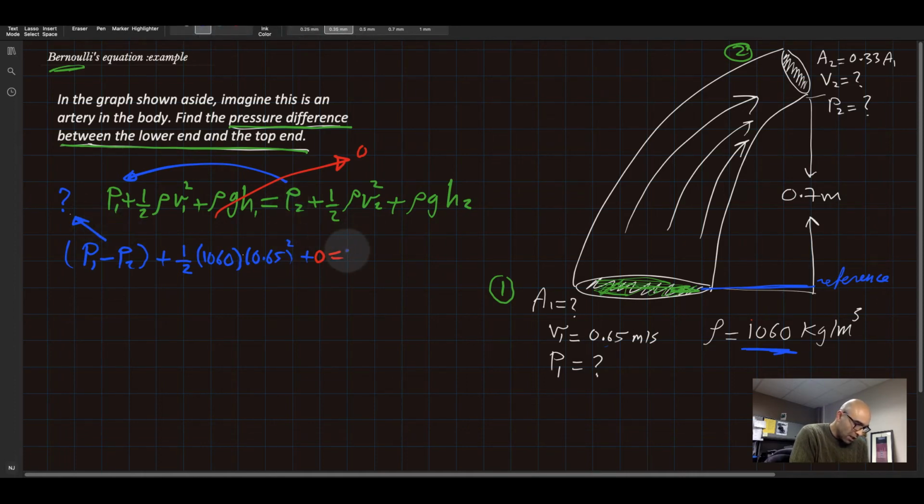P2 went to the other side. 1/2 times the density of blood, which is still 1060 at that height, times V2 squared. We don't have V2, so I'm going to leave it here, plus rho, which is 1060, times 9.8 times h2. h2 is at the height 0.7.